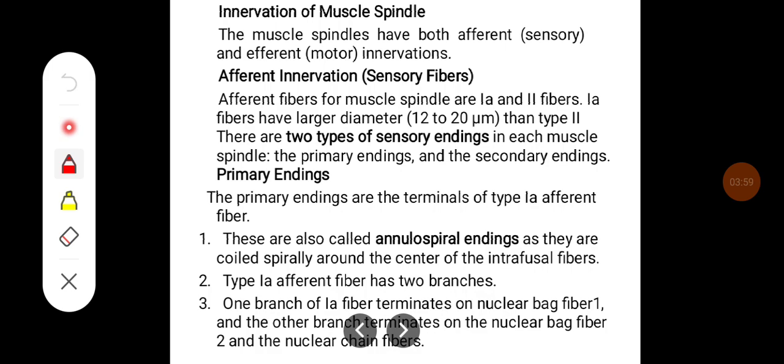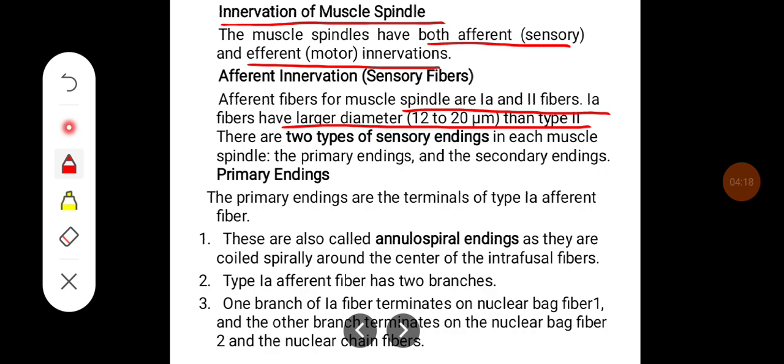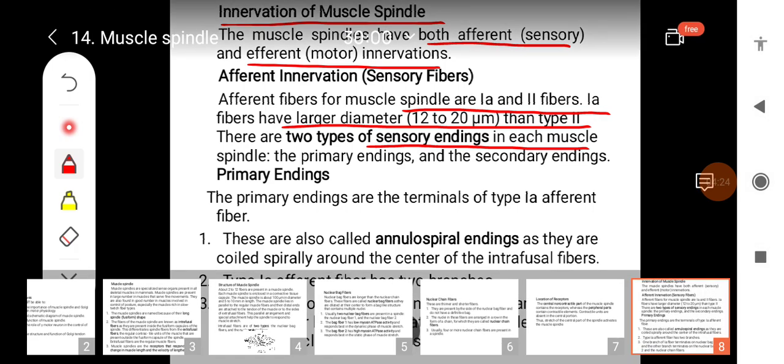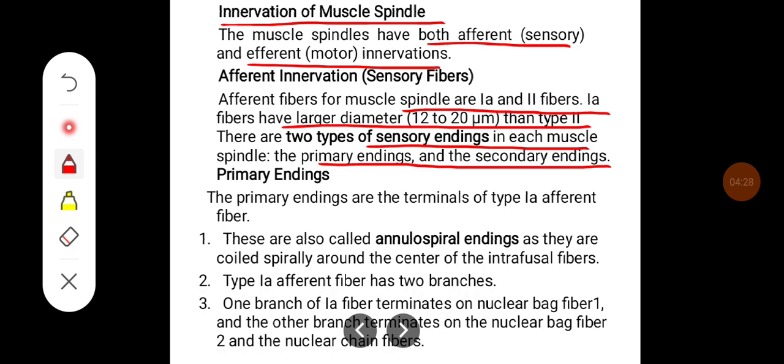If you see the innervation, the muscle spindles have both afferent, that is sensory, and efferent innervation. The afferent fibers for muscle spindle are 1A and type 2 fibers. 1A fibers have a larger diameter than the type 2. There are two types of sensory endings in each muscle spindle, the primary endings and the secondary endings.